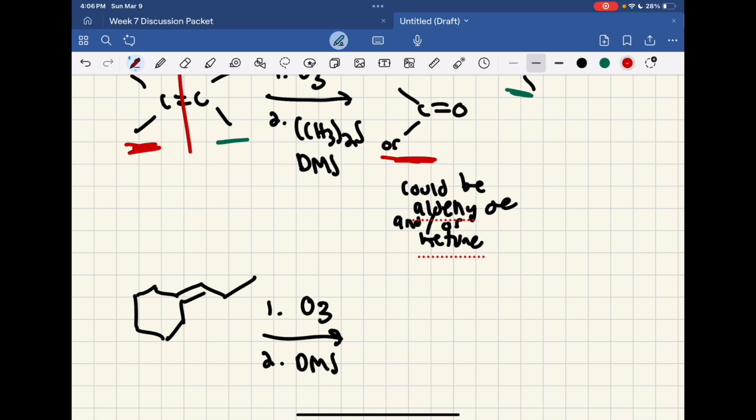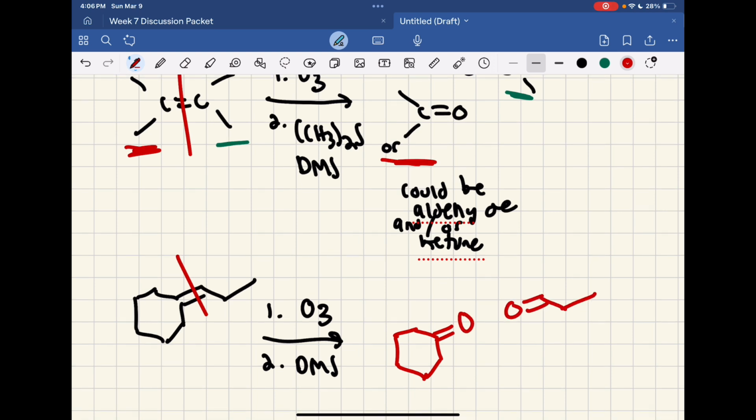What I would just do is cut right here, keep the fragments close together. You still draw the double bond of each fragment, but since you cut there, just remember to put an oxygen. Okay, so you can see how I'm cutting and just putting oxygens in between. And notice that this is an aldehyde, and this is a ketone. Okay, so that's just one interesting thing.